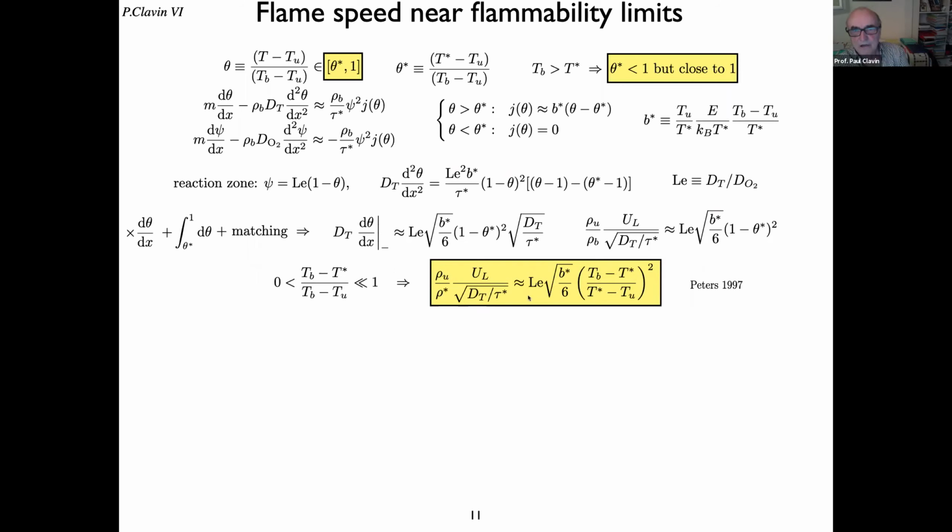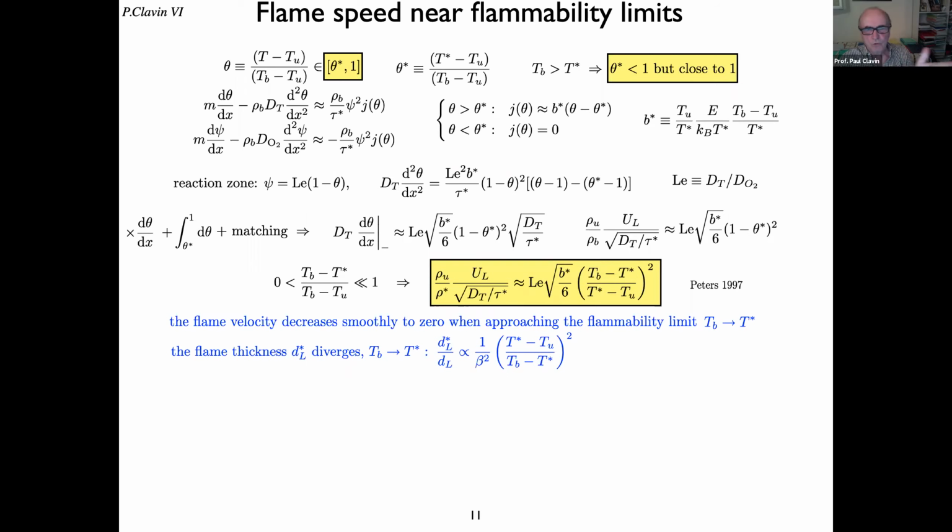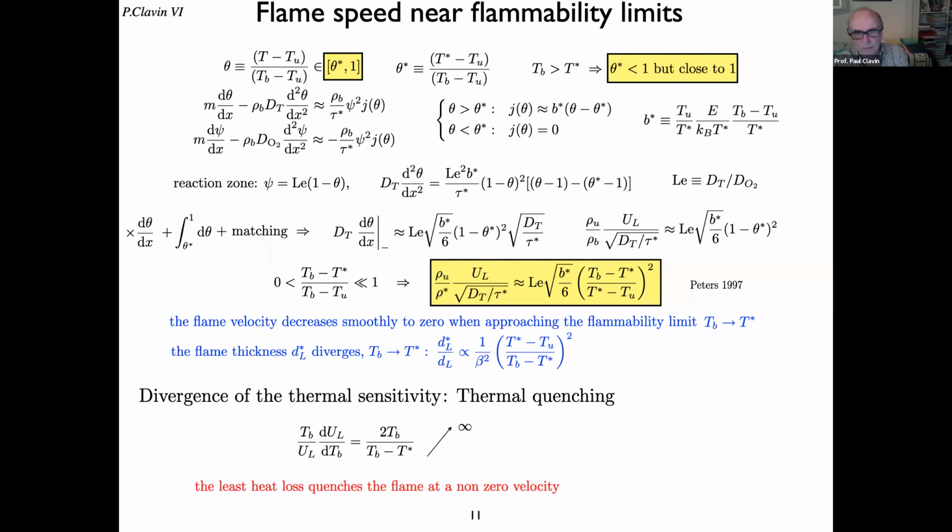What is surprising is that the flame velocity decreased smoothly to 0 when approaching the flammability limit. The flammability limit is the concentration that gives you a flame temperature which is equal to the crossover temperature. But this is not what is observed in experiments, because in experiments you observe that the velocity is non-zero, is finite.